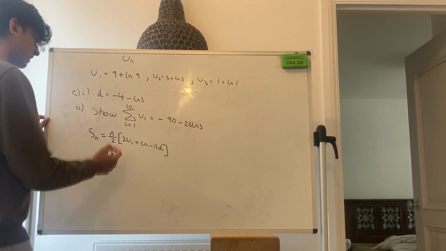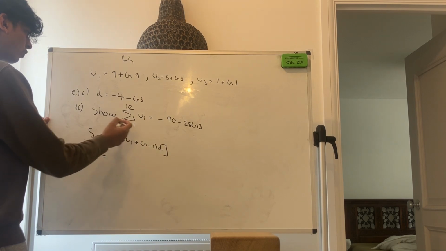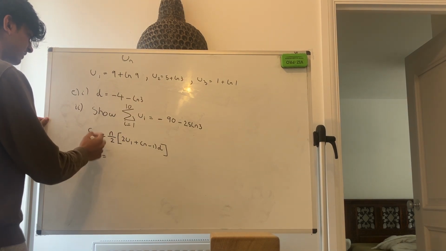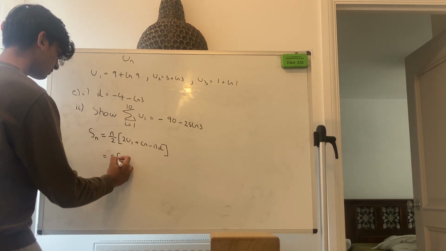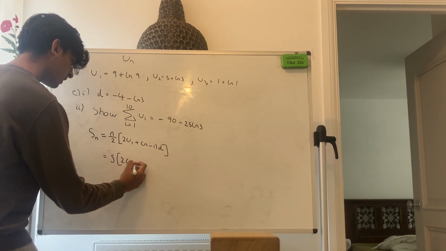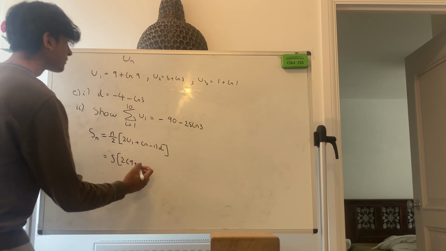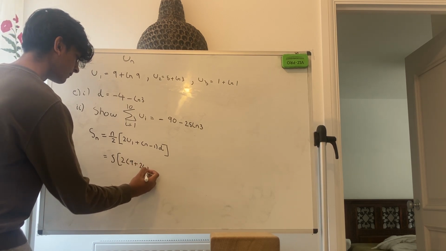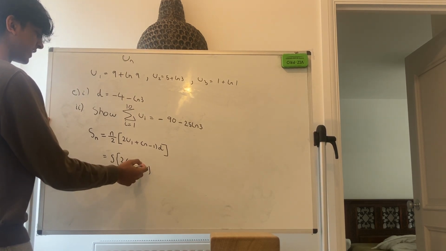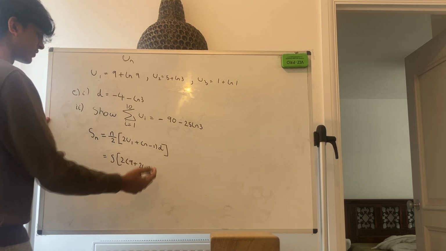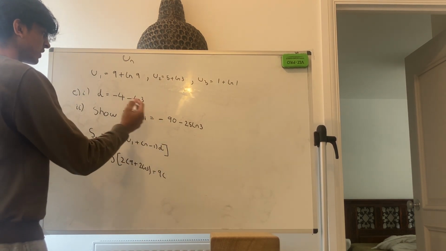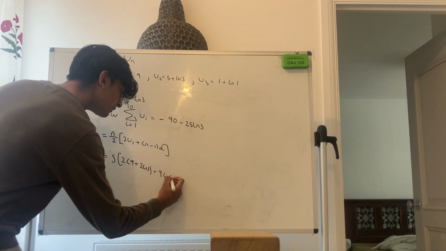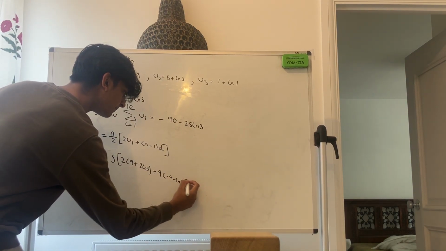So we want S10, so n is 10. 10 over 2 is 5, multiplied by 2 times 9 plus 2 ln 3, because 2 ln 3 is ln of 3 squared, which is ln 9, plus 9 times d, which is minus 4 minus ln 3.